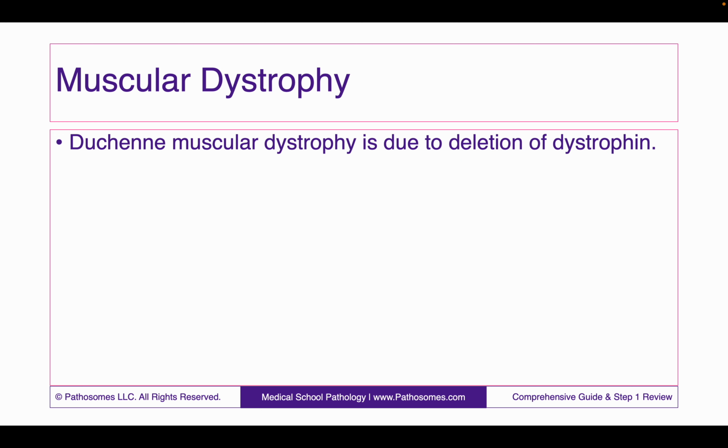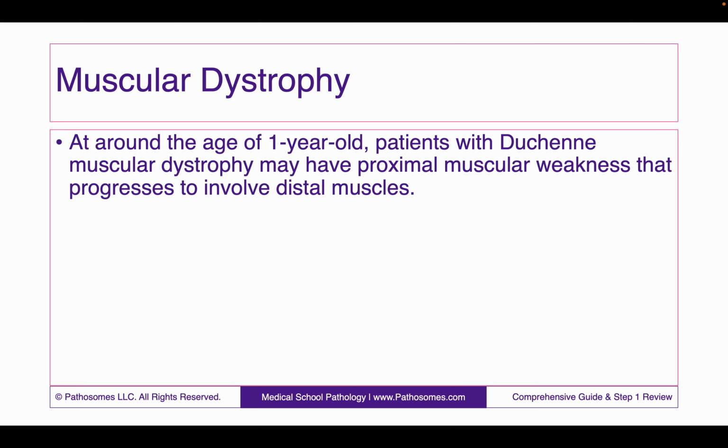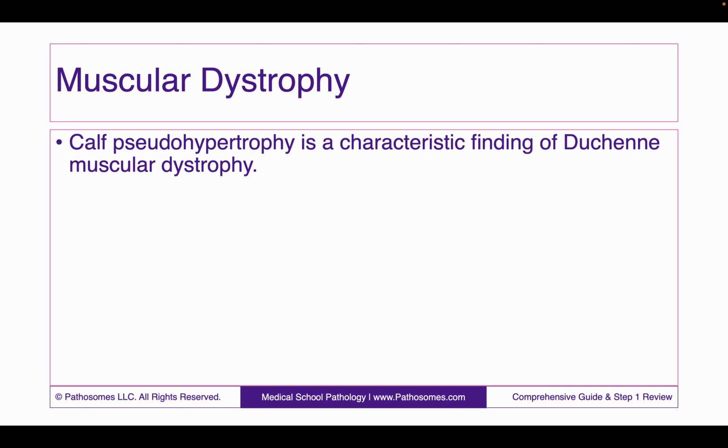Duchenne muscular dystrophy is due to deletion of dystrophin. At around the age of 1 year old, patients with Duchenne muscular dystrophy may develop or already have proximal muscular weakness that progresses to involve distal muscles. Calf pseudohypertrophy is characteristic, right? It's a characteristic finding of Duchenne muscular dystrophy.